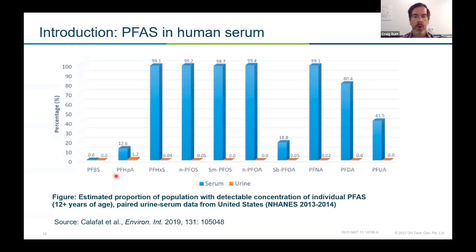This gets back into bioaccumulation potential, but there certainly is a sweet spot for compounds that are most predominant in human tissues. And again, serum tends to be the tissue in which PFAS will accumulate and is a preferred tissue for biomonitoring above something like urine.